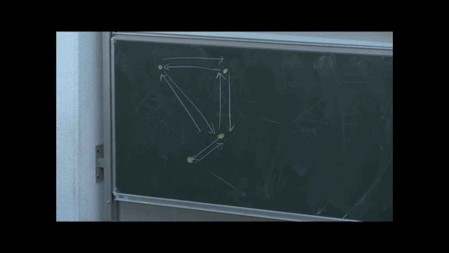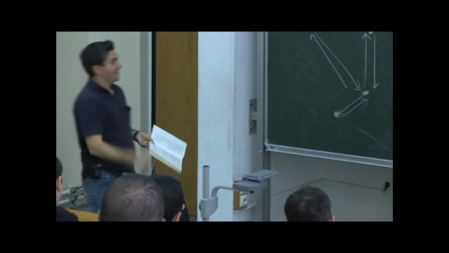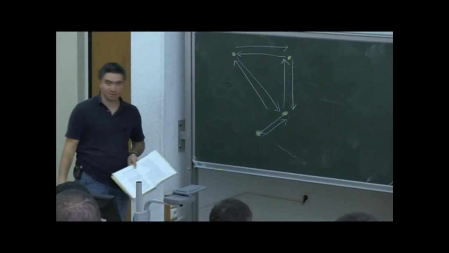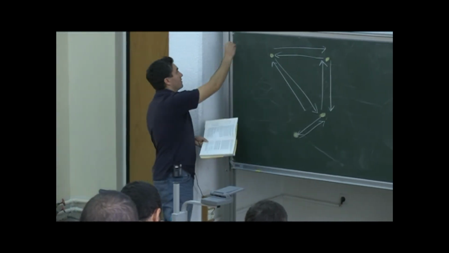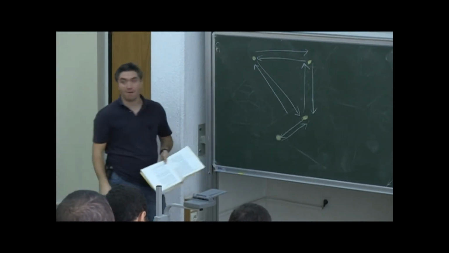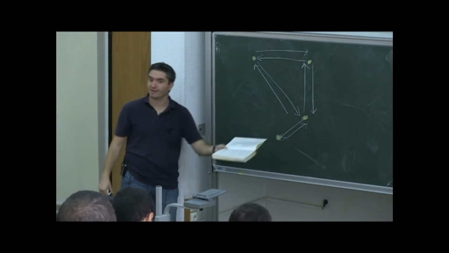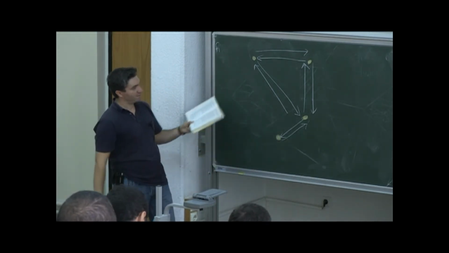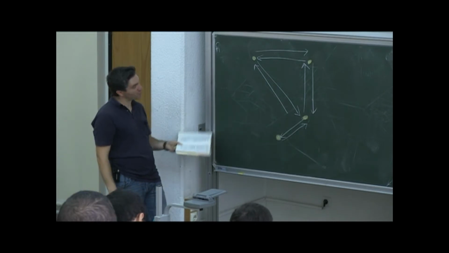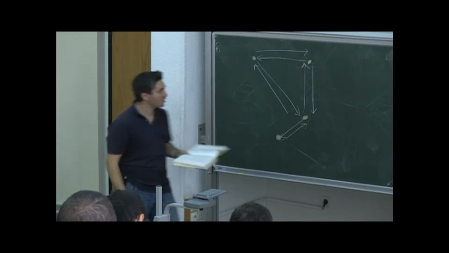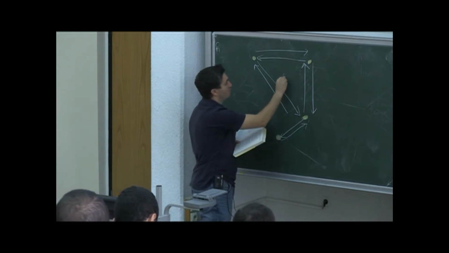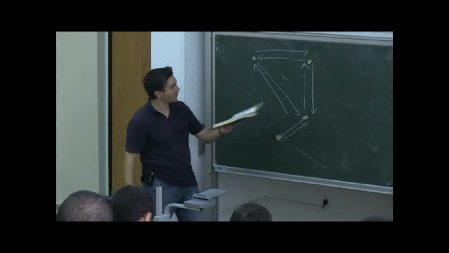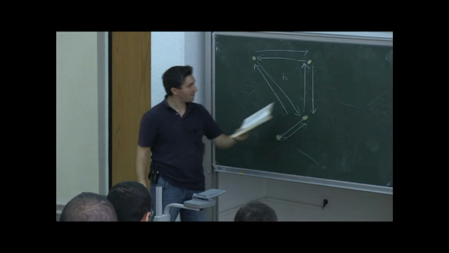Okay, my subdivision is just this. Now, in this subdivision, I have two faces. F1 is the unbounded face, which is the blackboard. I mean, you may consider it bounded by the edges of the blackboard. And I have another face, F2, which is bounded by these three edges.